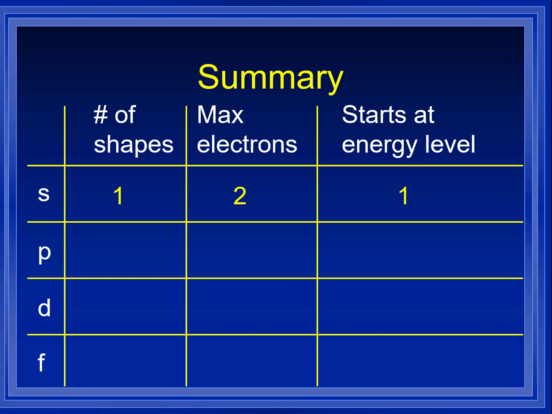The first energy level. Okay. And the number of shapes for p orbitals? 3. The maximum number of electrons? Well, there's 2 per shape, so that gives us 6, right? And they start at energy level number 2.